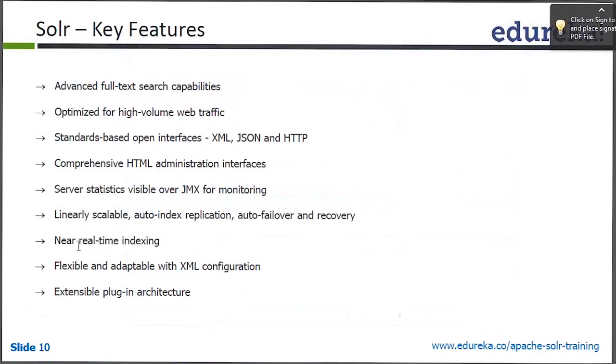Everything can be accessed over HTTP REST services, XML, JSON, and a few other formats. You have a lot of administrative interfaces to manage and control the Solr cluster. All the basic statistics can be accessed through JMX monitoring, and it has a lot of scalability with auto failover, replication and all that stuff.